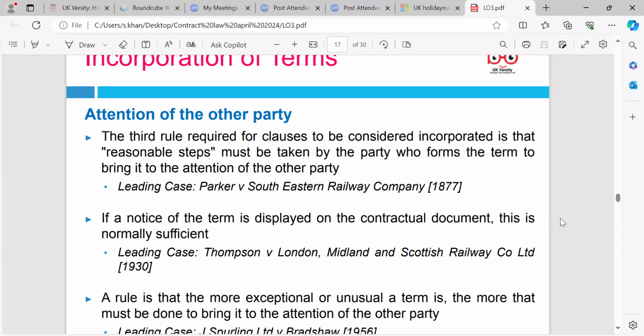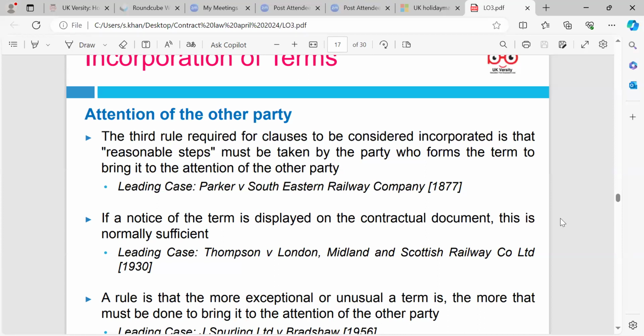The issue in this was that Parker argued that he had not seen the notice in the cloakroom and had not read the terms on the ticket, but had simply placed it in his pocket, believing it to be a mere receipt for his deposited goods. As such, SER should not be able to rely on exclusion clauses because it would be unreasonable to expect customers to know that a receipt for deposited goods contains special conditions.